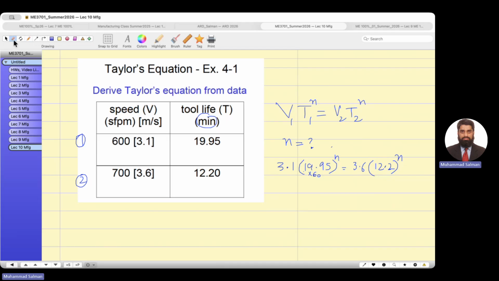In minutes, this is the tool life. In seconds, this will be. Can you do that like this? So what do you guys get?